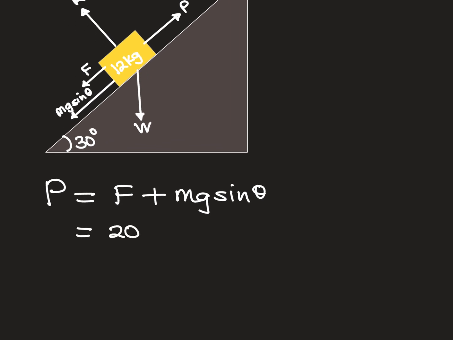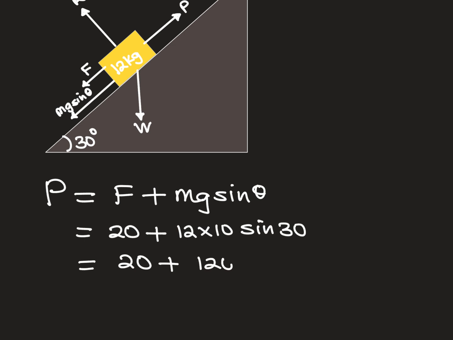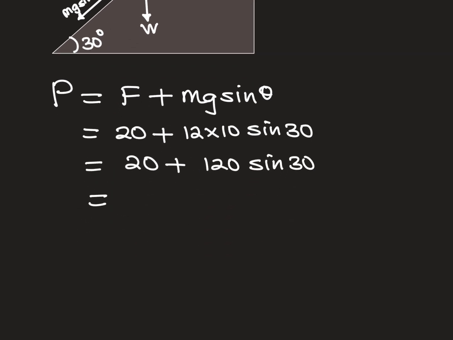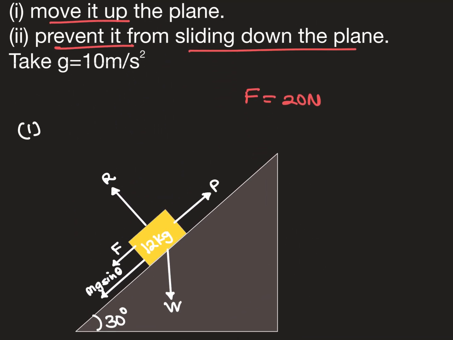So that will be 20 plus the mass, 12, multiplied by 10 sine 30. That will be 20 plus 120 sine 30, and 120 sine 30 is 60. So that will be 80 newtons. We have answered the first question.